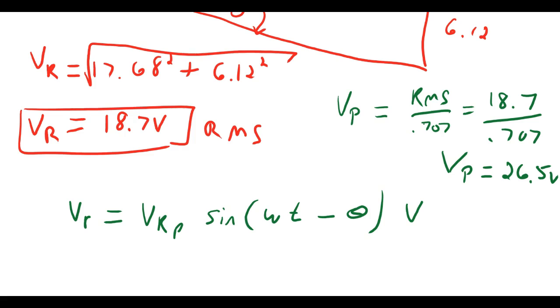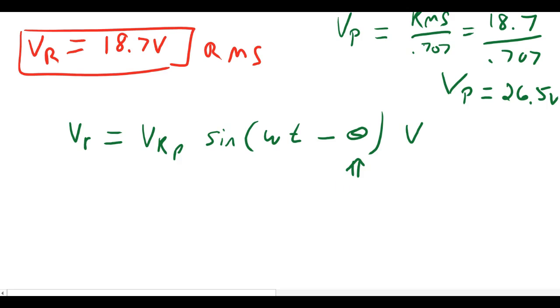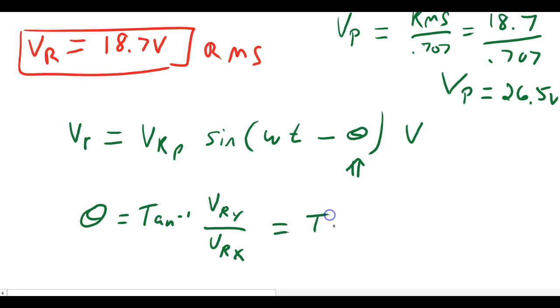The angle theta is given by trig, whereby theta can be calculated as the inverse tangent of the vertical component VRY over the horizontal component VRX. So the inverse tangent of negative 6.12 divided by 17.68 is one of the ways that theta can be calculated. If you do this, you should come up with negative 19.1 degrees.